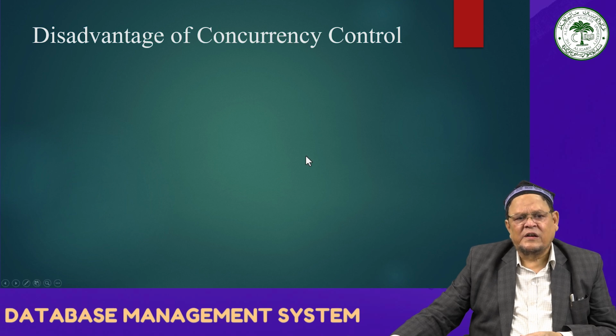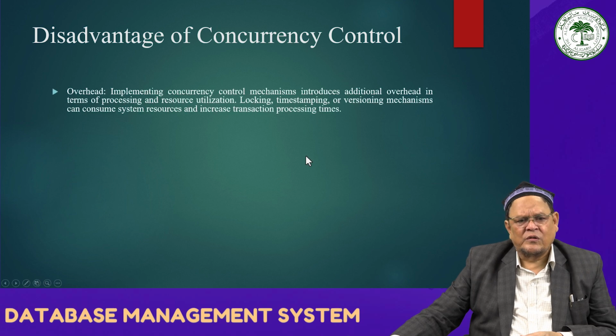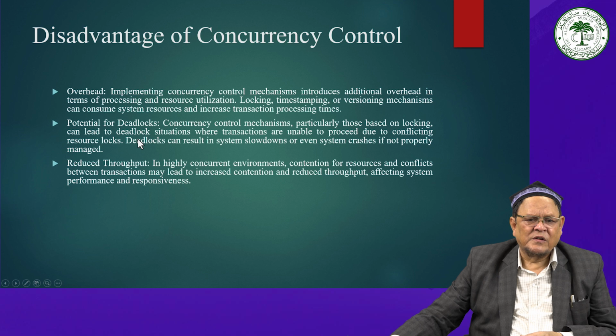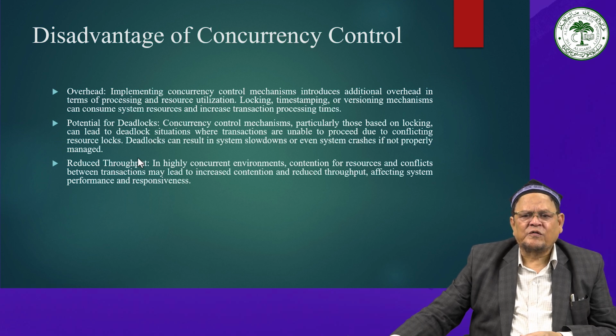So next is the disadvantages of concurrency control: overheads, potential for deadlocks, reduced throughput. These are the disadvantages of concurrency control.